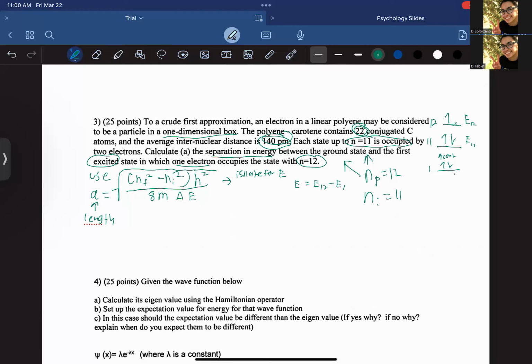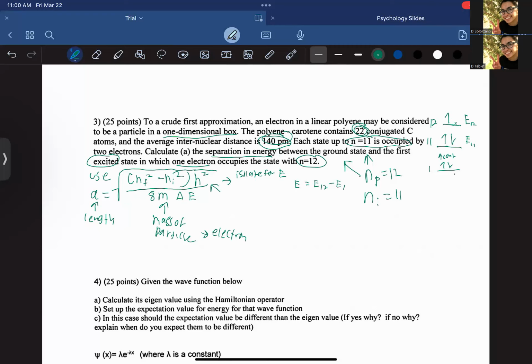I'm just looking through my notes trying to find the A. The length of the box. M is the massive particle. And since we're dealing with conjugations and electrons, that's going to be the electron.